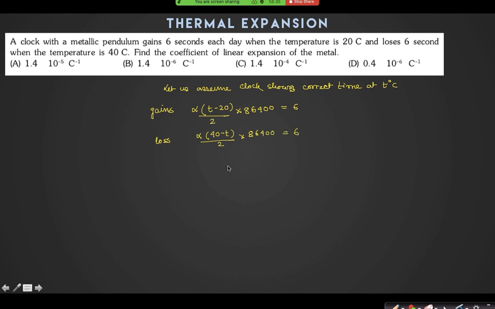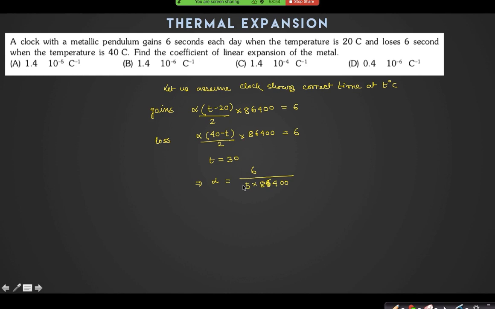So from there I can say T is equal to 30. If T is equal to 30, then 5 into alpha into this is equal to 6. So alpha is equal to 6 divided by 5 into 86400.